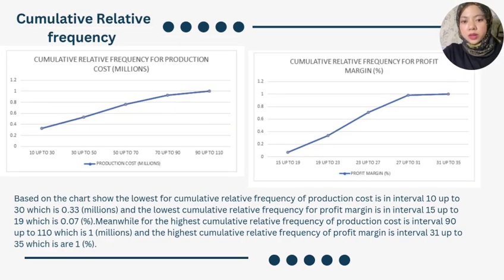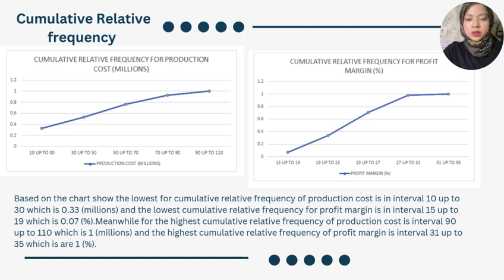For cumulative relative frequency, based on the chart shown, the lowest cumulative relative frequency of production cost is the interval 10 up to 30, which is 0.33, and the lowest cumulative relative frequency for profit margin is the interval 50 up to 90, which is 0.07.